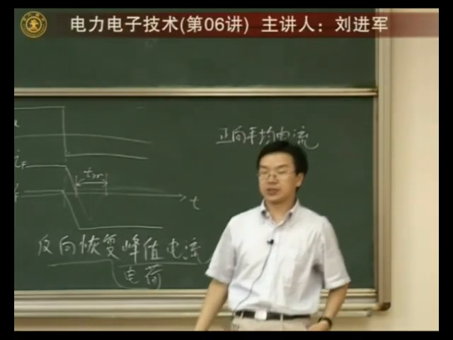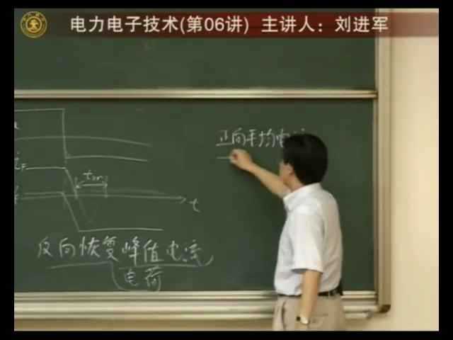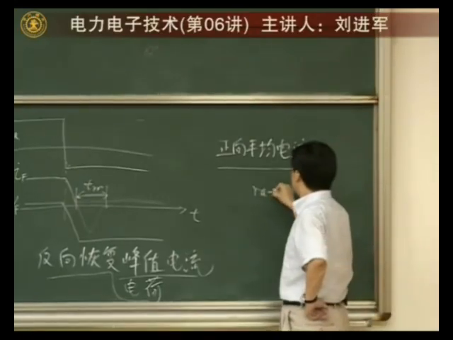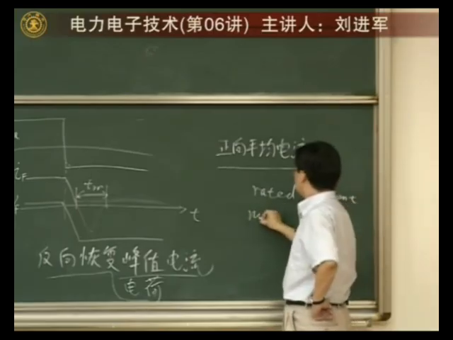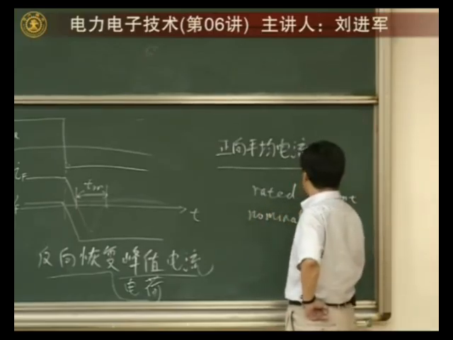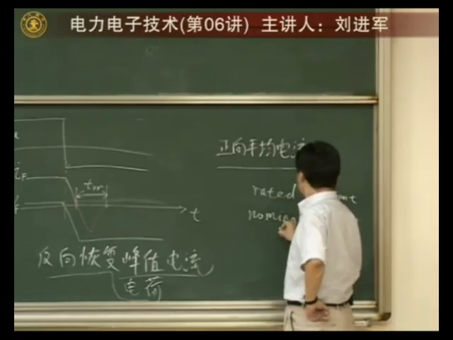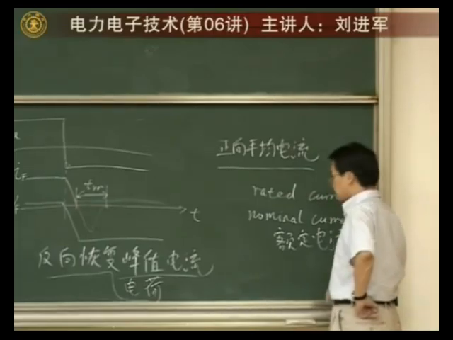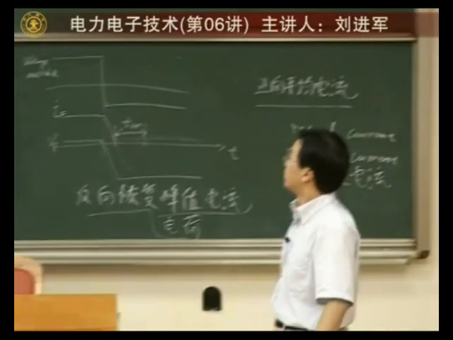I will not get into details. This specification is used as the rated current or nominal current of a power diode. We use that to label the nominal current of a power diode.